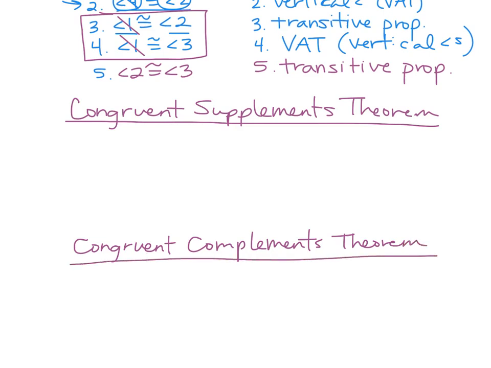Very similar theorems. What's the difference? Supplement and complement. What are supplements? Supplements are 2 angles that add up to 180. What are complements? 2 angles that add up to 90.